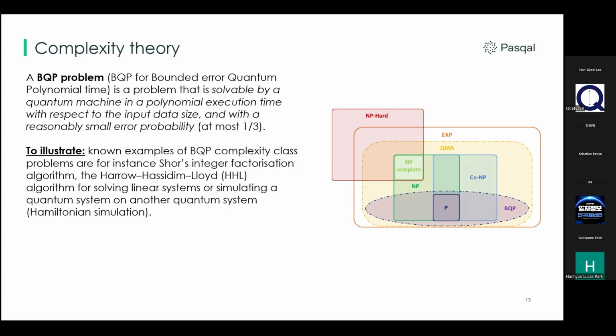BQP is the extension of what we mean by polynomial in time, or an easy problem for a classical computer, but in this case for a quantum computer. BQP stands for bounded error quantum polynomial time.